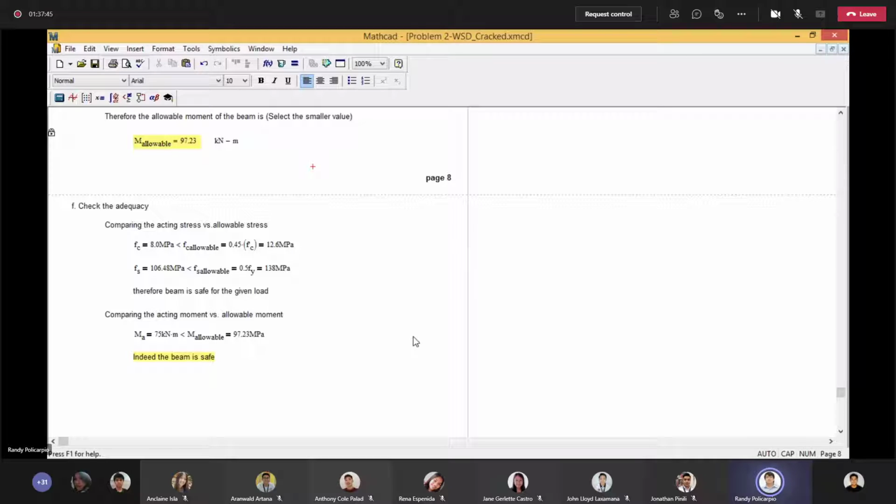So ibig sabihin, kakayanin niyang i-carry yung load because its capacity is up to 97.3. Sorry, it's not megapascal, so sorry, no? This is not megapascal, but rather Newton meter.